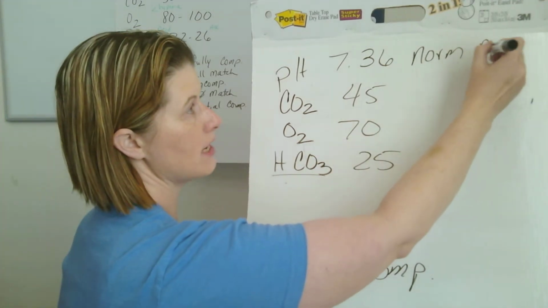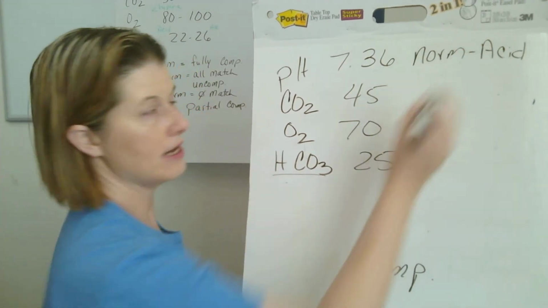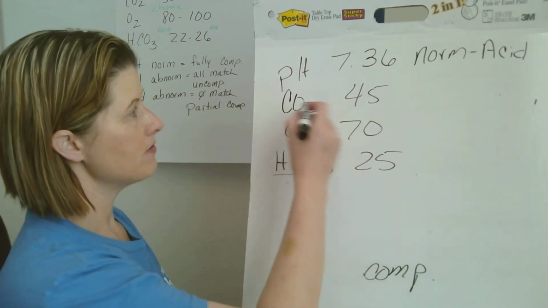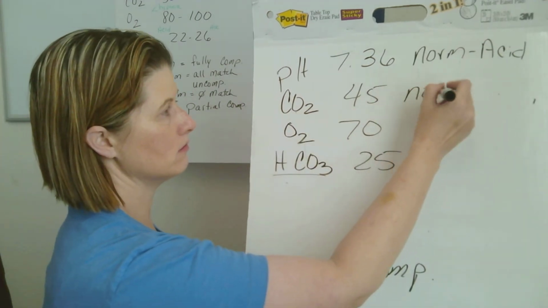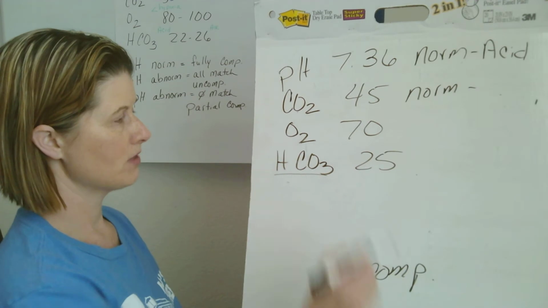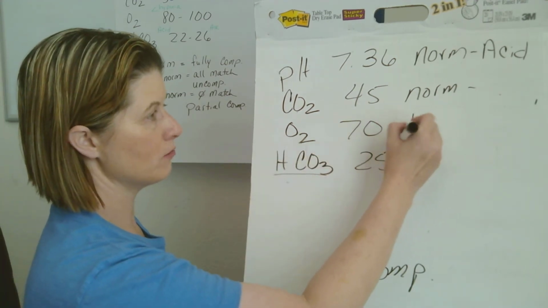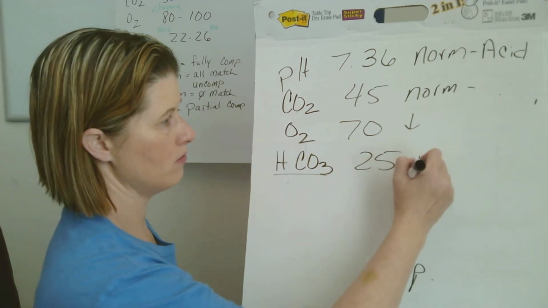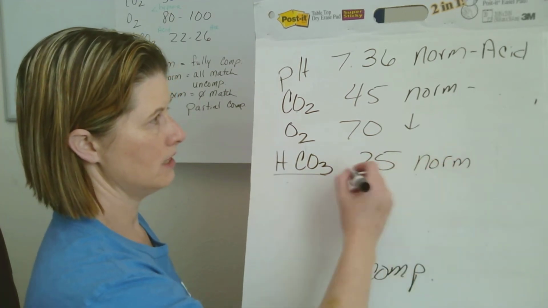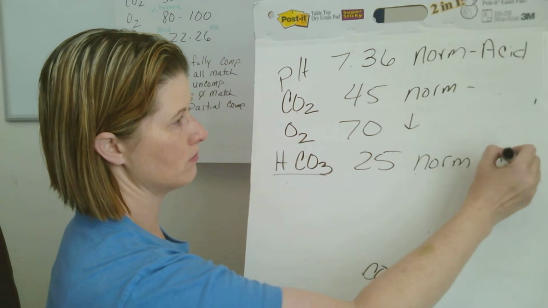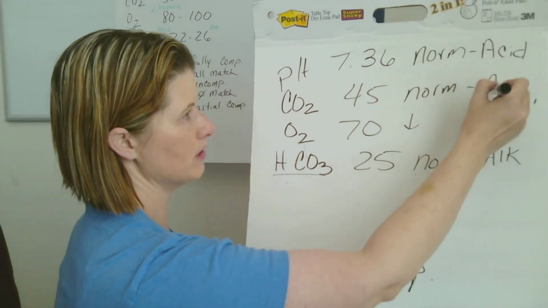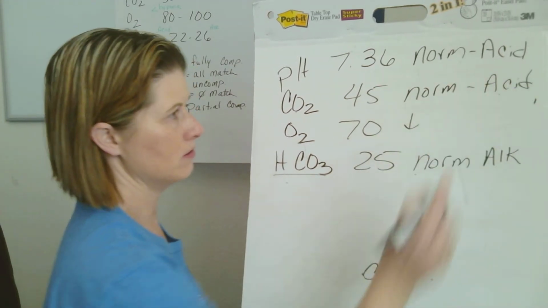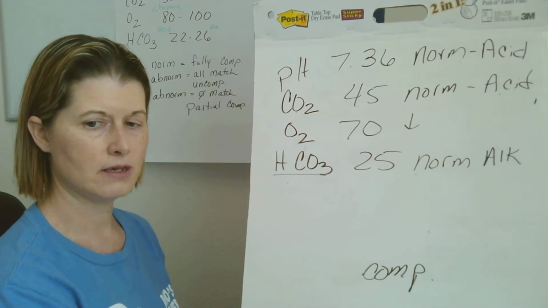So it looks like it could have been an acidosis. Okay, the CO2 is normal. The oxygen is a little bit low. The bicarb is normal, and it's a little bit closer to alkaline. This one's a little bit closer to acid, right?